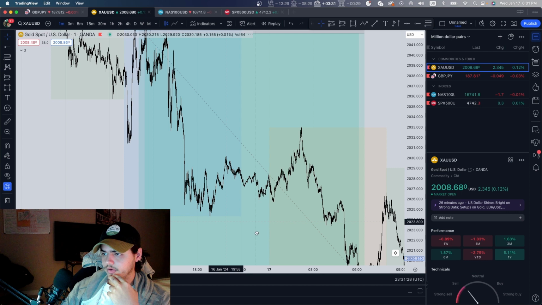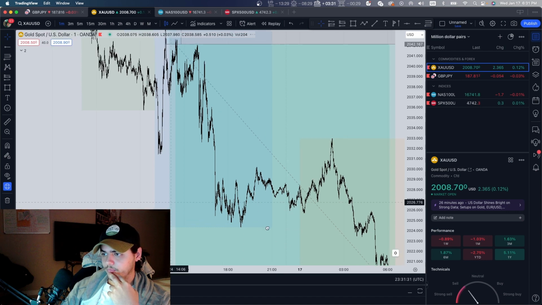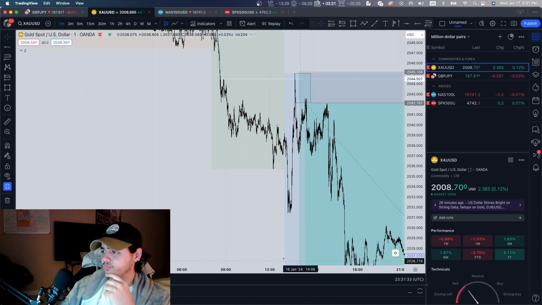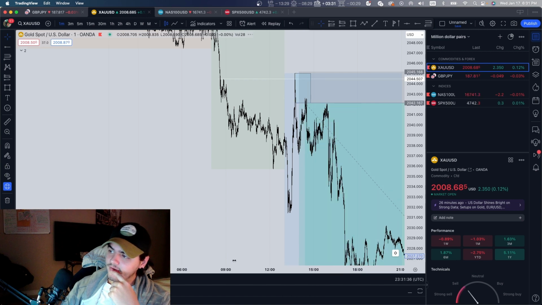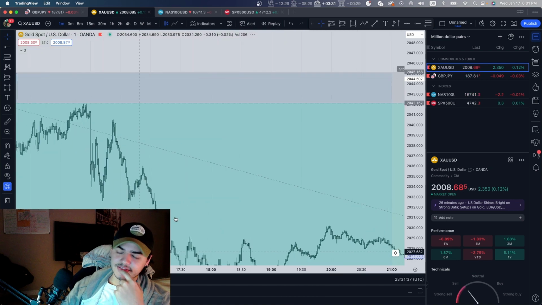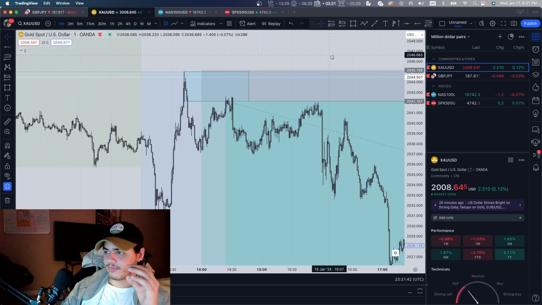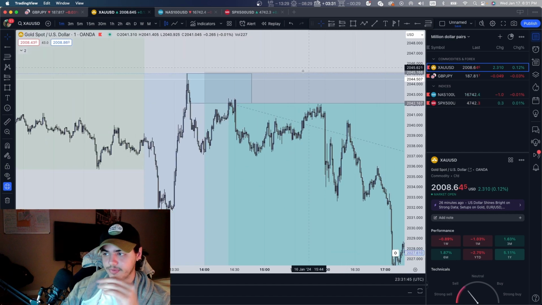Then we go to the 1 minute and get a little more precise. You guys can enter right there and then, but that's not as precise. I want A setups if I'm taking it in my funded account, completely A setups.